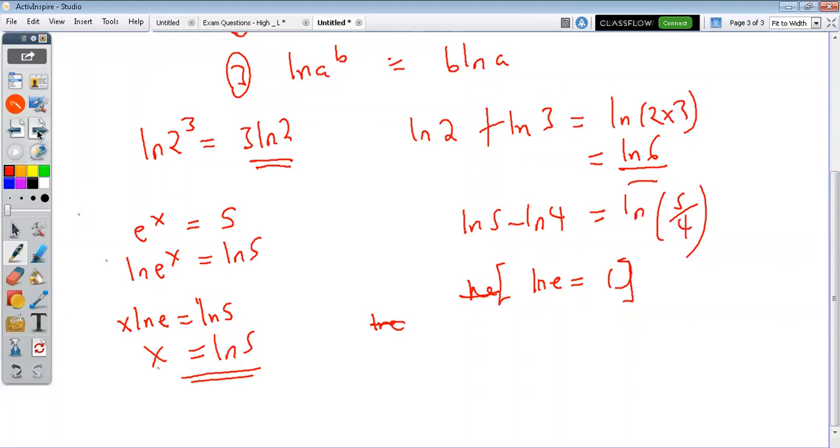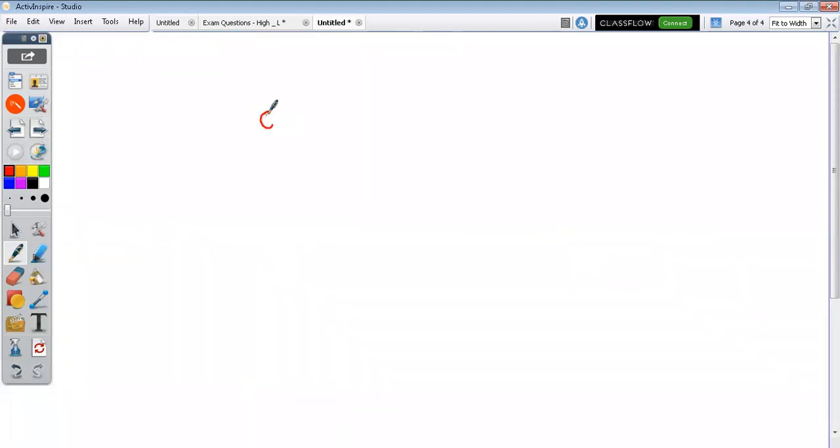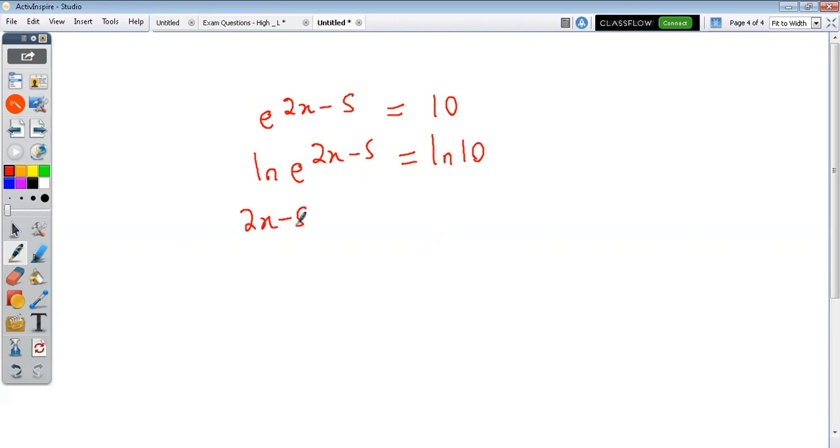So let's look at another example. If I have e to the power of 2x minus 5 being equal to 10, we want to find the value of x. So we say ln e to the power of 2x minus 5 is equal to ln 10. Then using that rule, (2x minus 5) ln e is equal to ln 10.